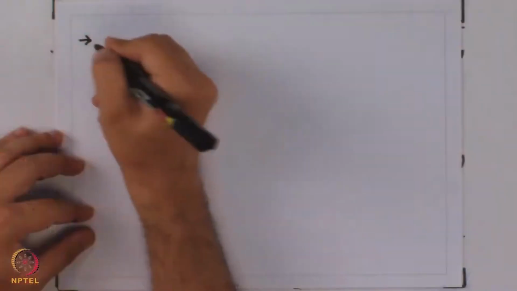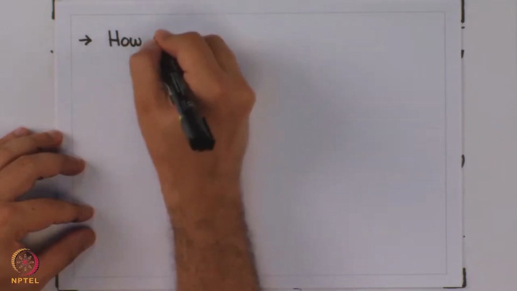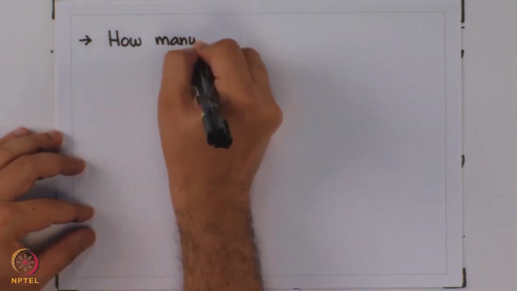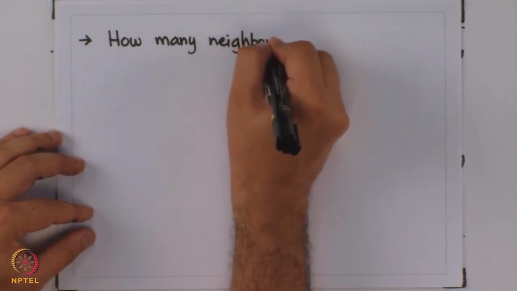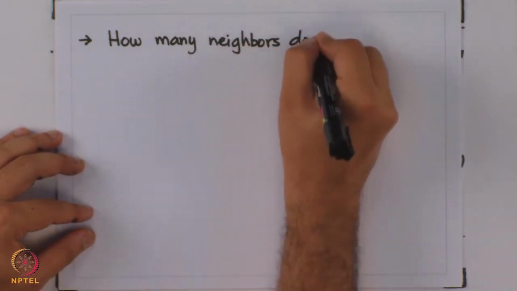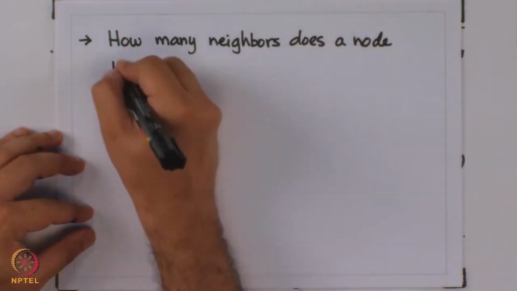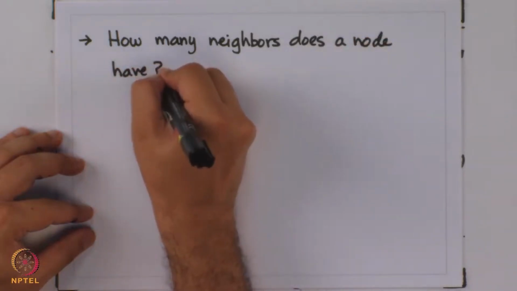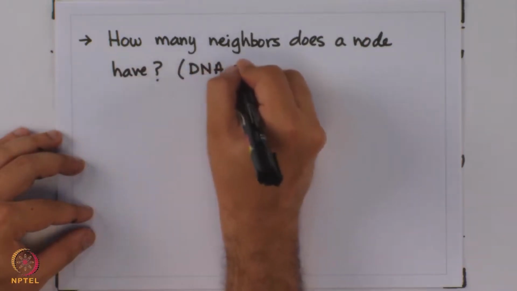I would like you to think about is how many neighbors does a node have? And let us first think in terms of DNA sequences.